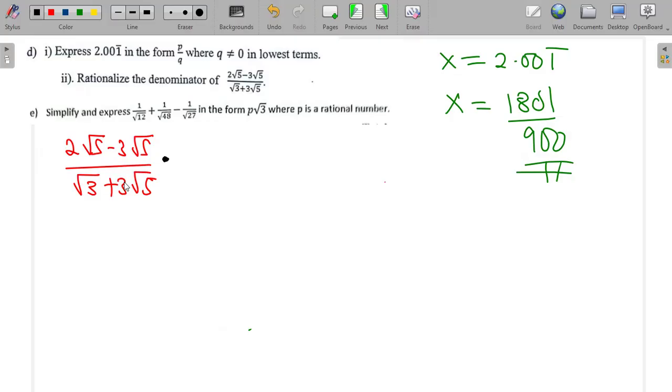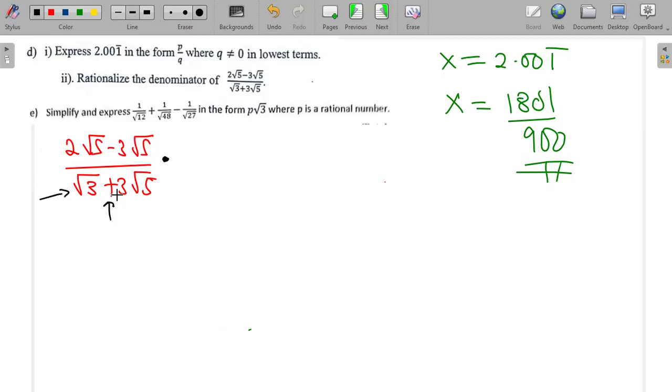It's a 1, but we're going to express it in terms of something more complicated. To rationalize the denominator, we multiply by the conjugate. The conjugate is the same thing that you have in the denominator, but you put the opposite sign in the middle. So if I have a plus, in the conjugate I'm going to have a negative.